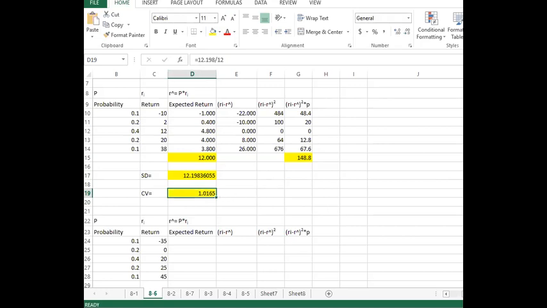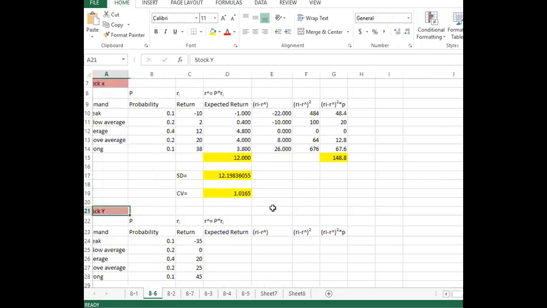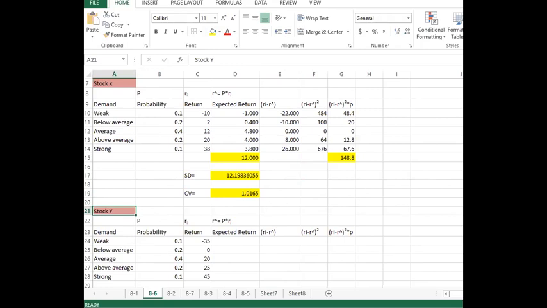So this was for stock X. Here is the stock X. Okay, then we are going to repeat the same procedure for stock Y.